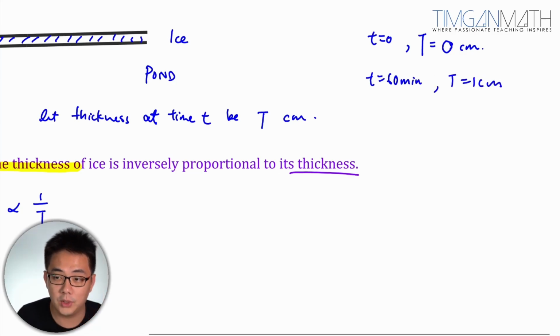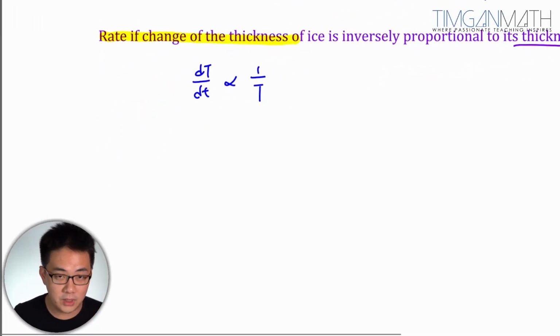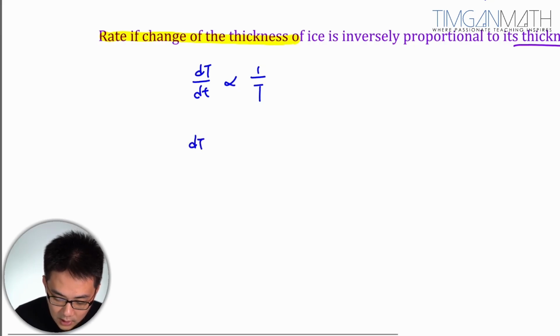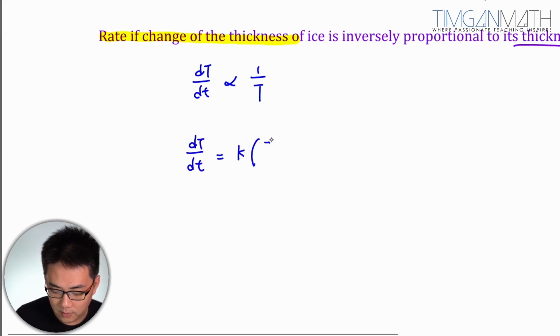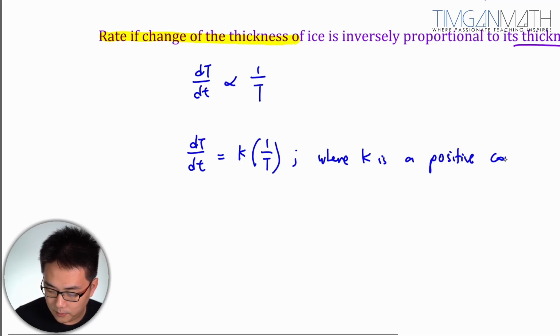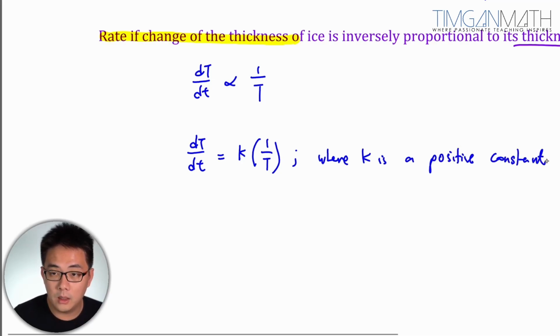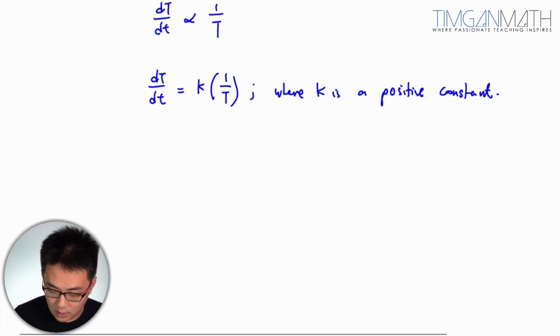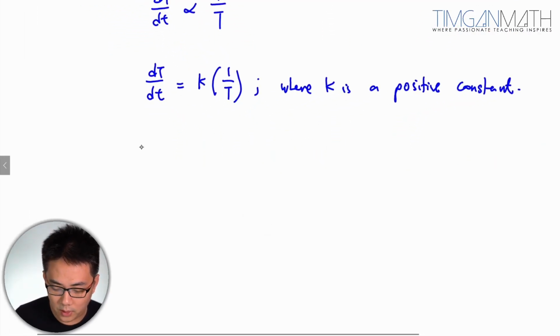Now this is the boundary condition, so this is also important. Once this is inversely proportional, just write this as dT/dt equals k times 1 over capital T, where k is a positive constant.